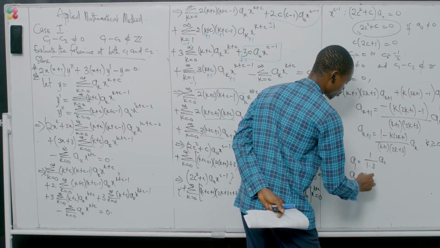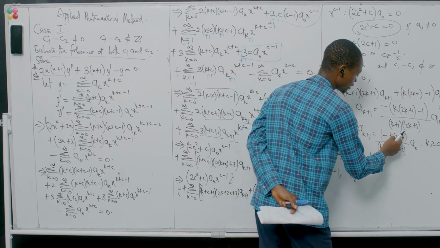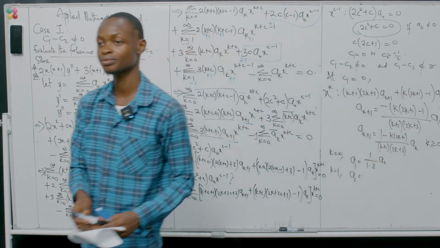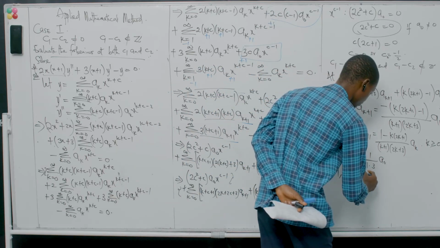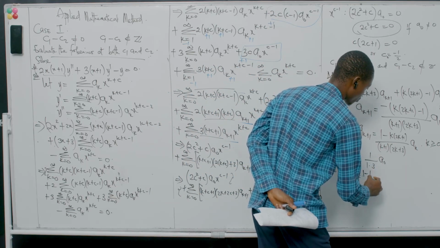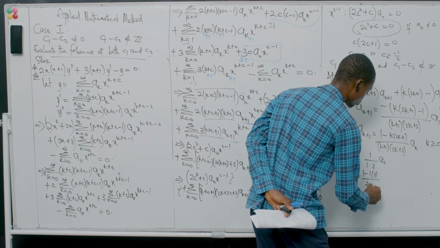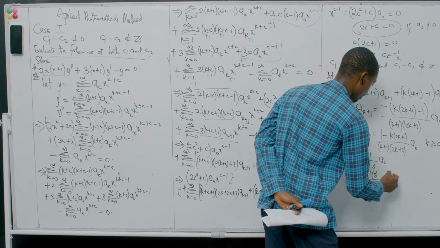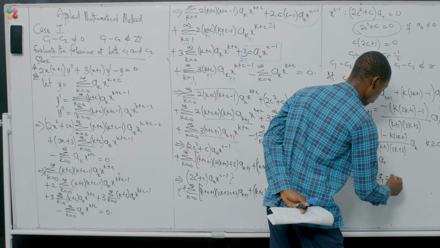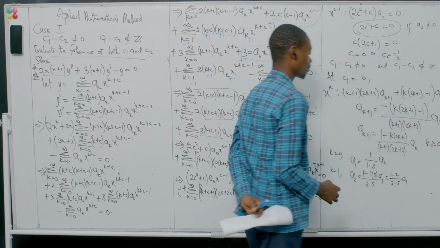When k is equal to 1, what happens? You have a2. This is 1, this is 1, this is 2 plus 1, that's 3, right? So this will now be 1 minus 1 into 3 divided by 2 times 5, a1, and this will simply be equal to minus 2 divided by 2 times 5, a1, right?